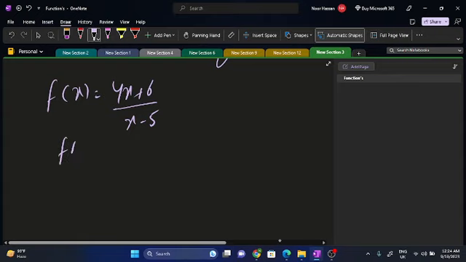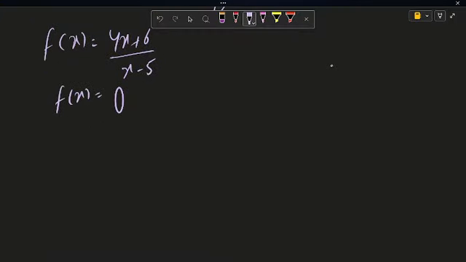f of x is equal to y. I know that. So f of x equals y. I want to make x the subject of my equation in order to find f inverse, because I have to find f inverse of x. So how can I do that? I will shift my equation to make x the subject.